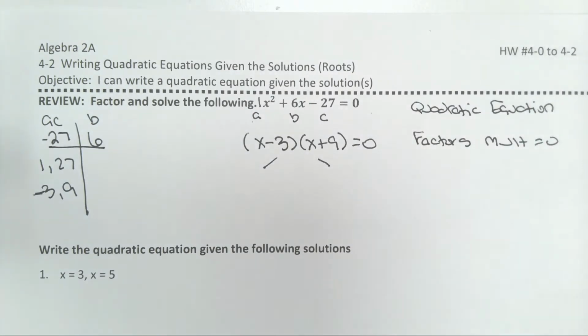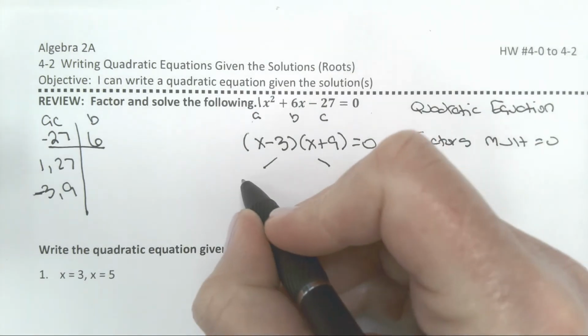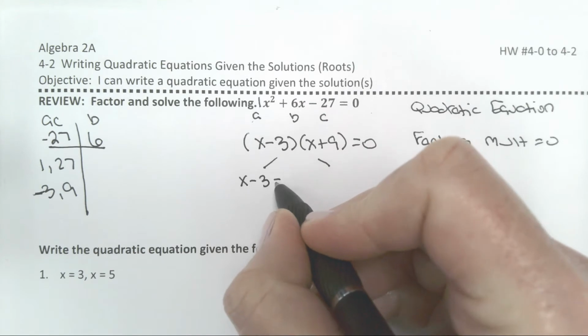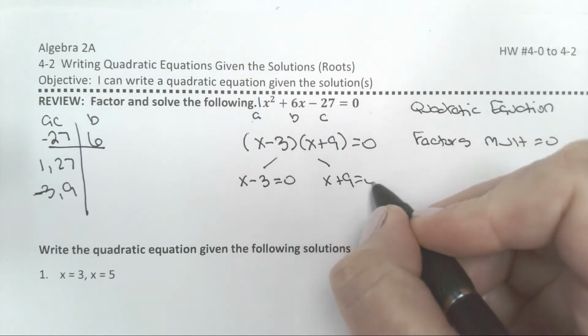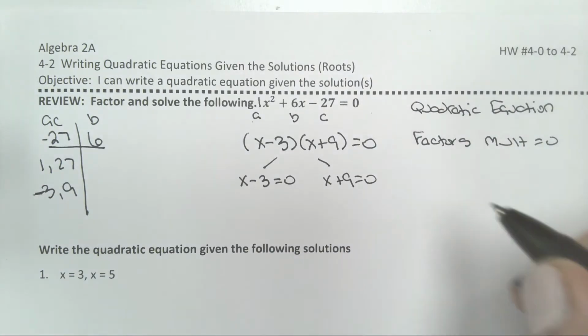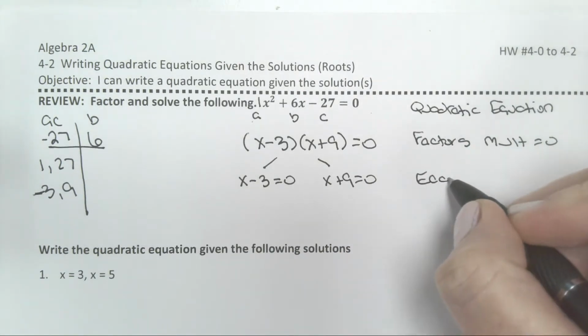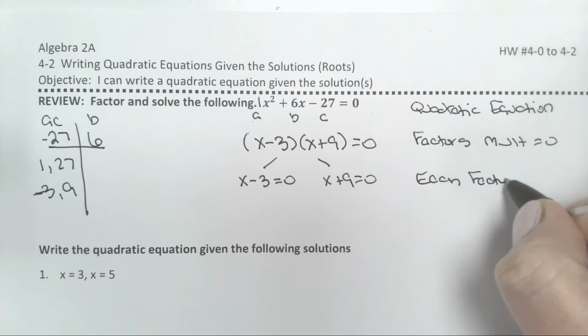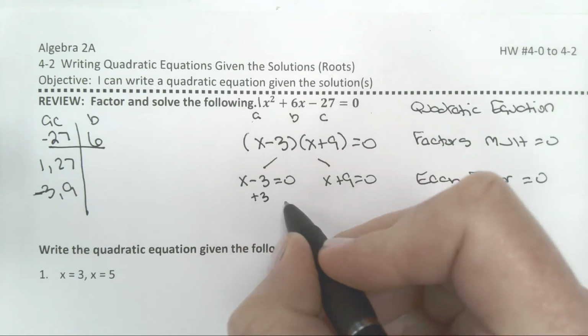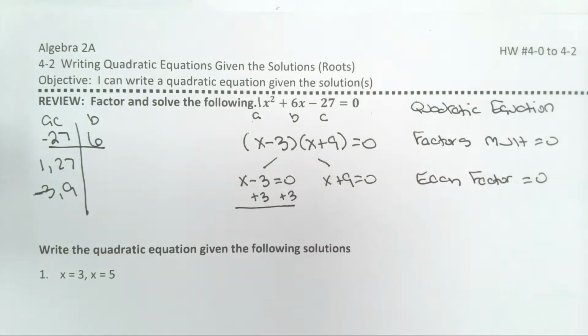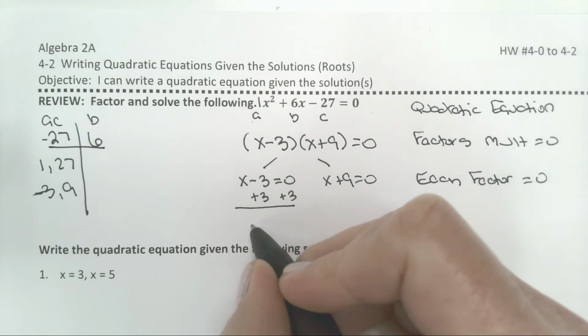The next step would be to break your factors apart. And one factor is x minus 3 equals 0, and one is x plus 9 equals 0. We're going to call this each factor equal to 0. And then we move the constant to the other side.